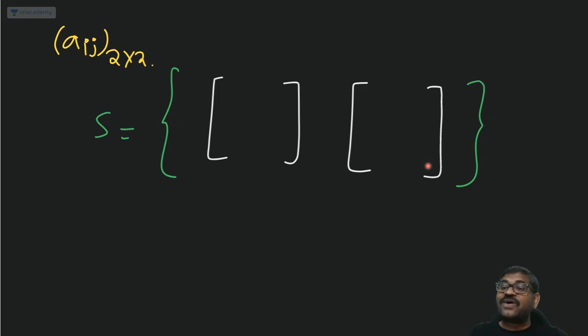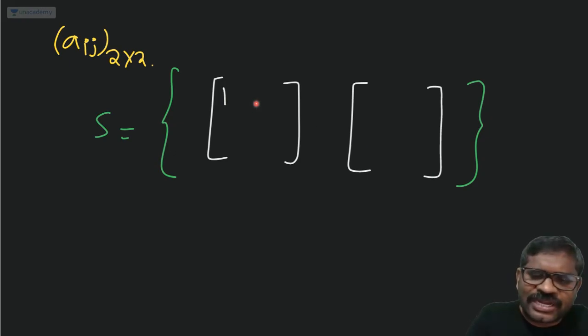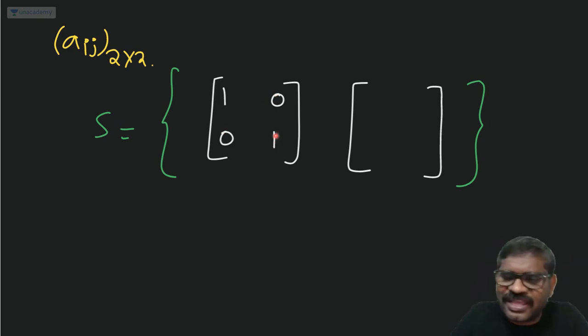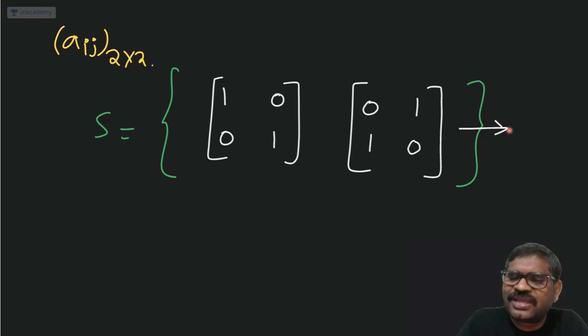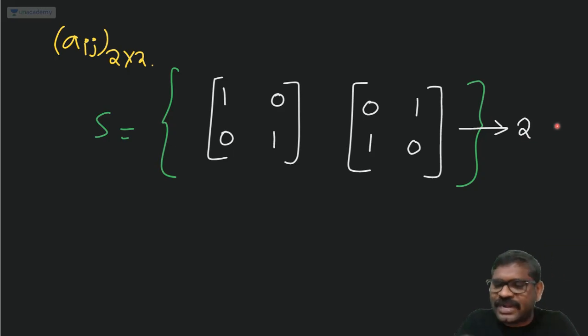The sum of all elements of each row equals 1. That is why one entry is 1 and the remaining entries are 0. So we get the matrices 1, 0, 0, 1 and 0, 1, 1, 0. These are the 2 different matrices of order 2 cross 2. So how many? 2. Whether it is 2 or 2 factorial, we can decide after calculating 3 cross 3.